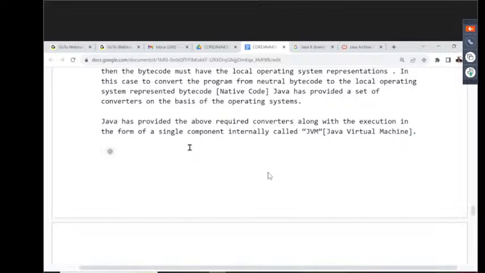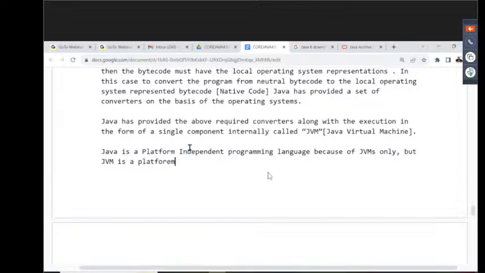Now here, I'm going to give conclusions, try to understand it clearly. Java is a platform independent programming language because of JVMs only, but JVM is a platform dependent tool.